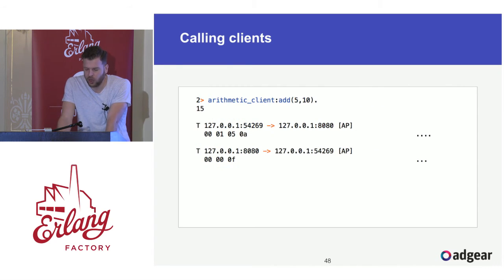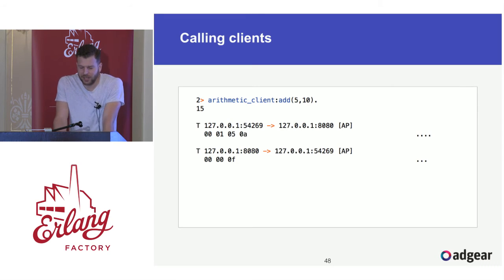If we do run the client, we do add. You can see this was the first request of the client. The first byte is 0 because the request ID is 0. The second byte is 1 because the operation is an addition. And then the two operands, 5 and 10.